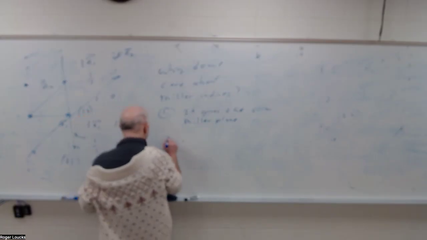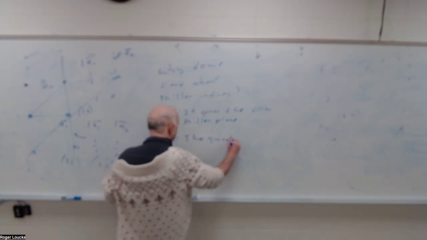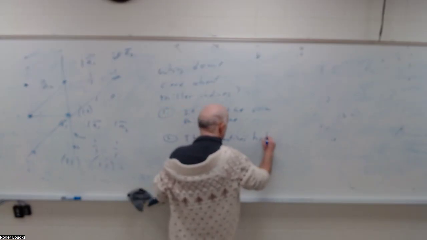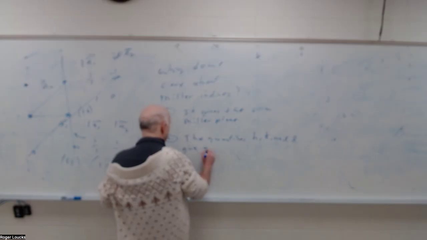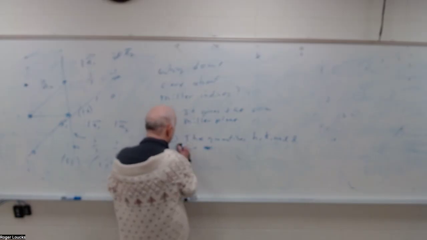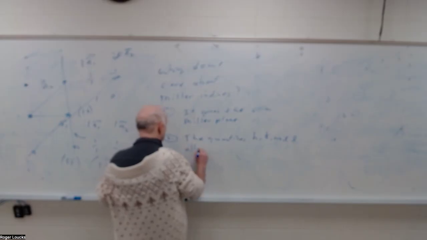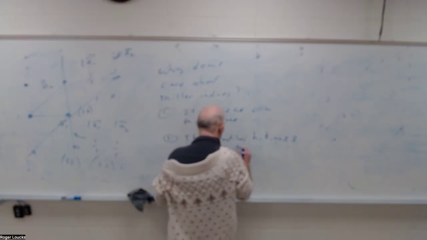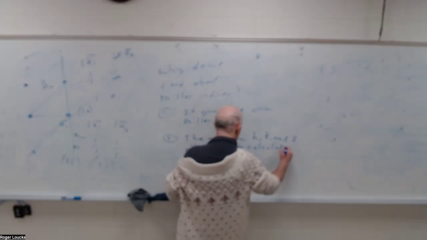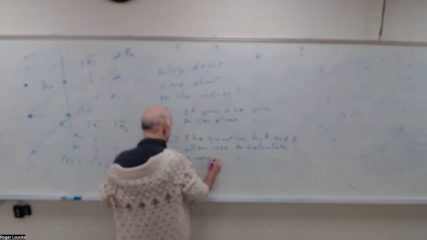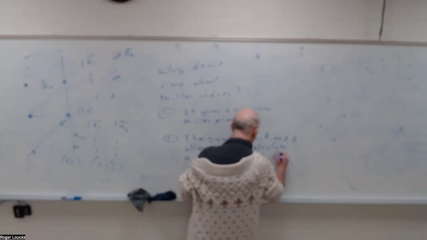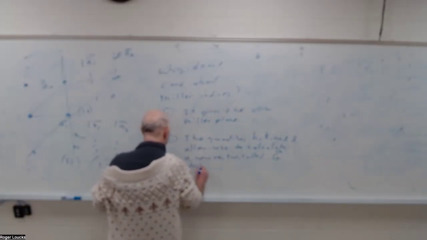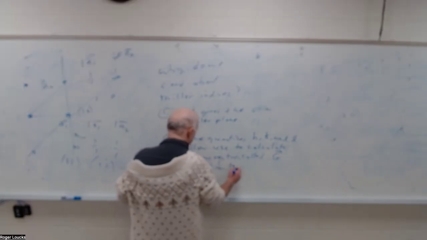But two, the quantities H, K, and L allow us to calculate a new vector called G, which is perpendicular to the Miller plane.